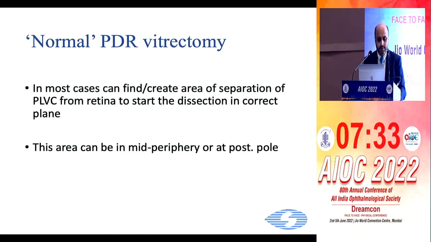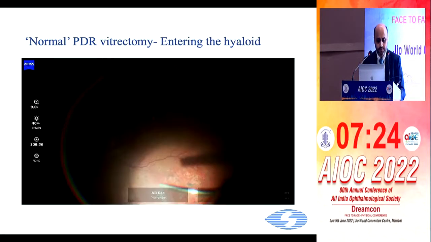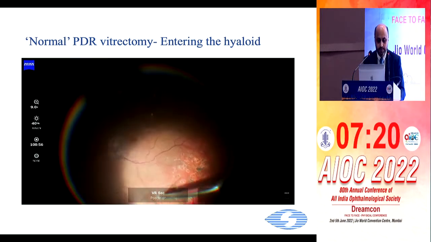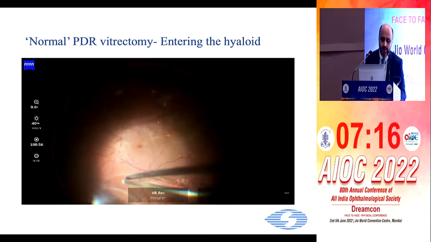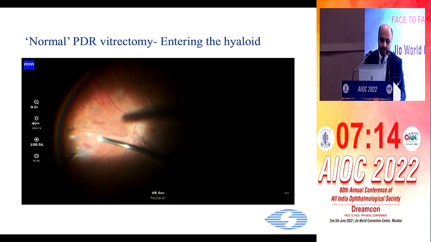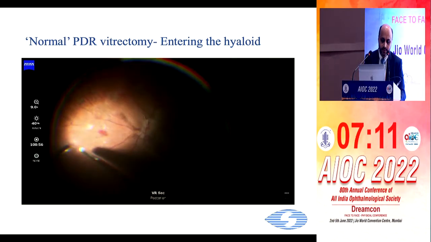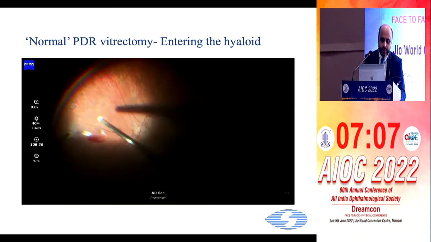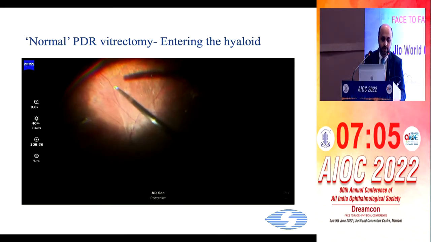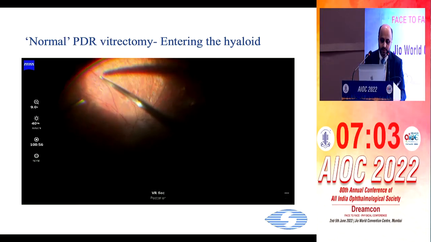In a normal PDR vitrectomy, you would obviously need to create an area of separation in the posterior leaf of the vitreous cortex, and this is usually found in the mid-periphery or at the posterior pole. Going through this video, this is a very typical can opener technique where you find your cleavage plane, and after creating it, you can extend this and go all around, separating the posterior prolif from its anterior extensions.